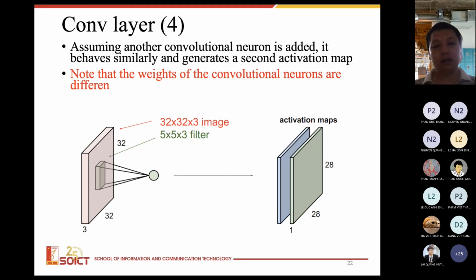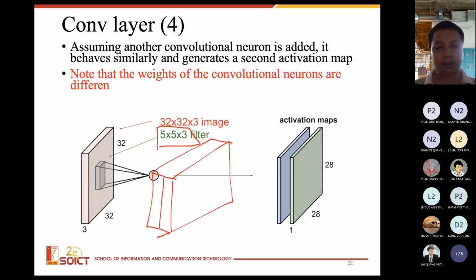Yeah? No, actually, what you define is just the set of filters. You just know that you have this number of parameters to be learned. So the shape is 5 by 5 and 3.